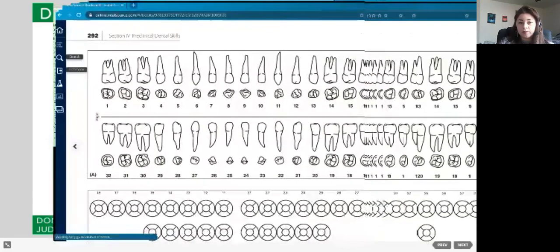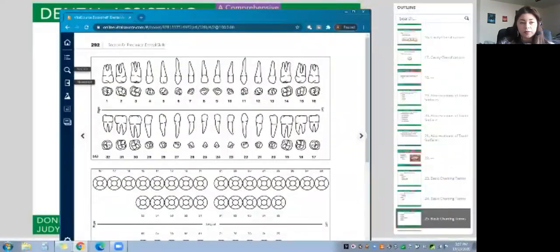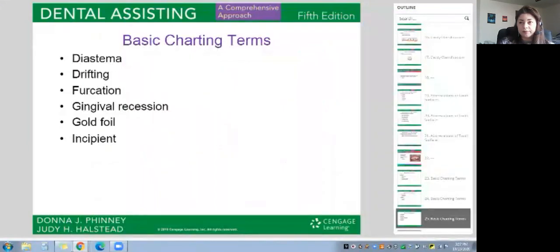Okay. All right, so right here, where these two roots connect, this is the furcation. Okay, I can't highlight it, but right in here, this little area is the furcation, wherever the roots separate.